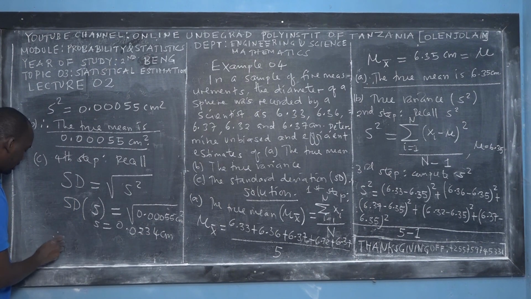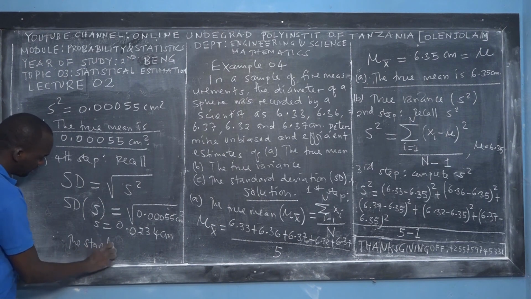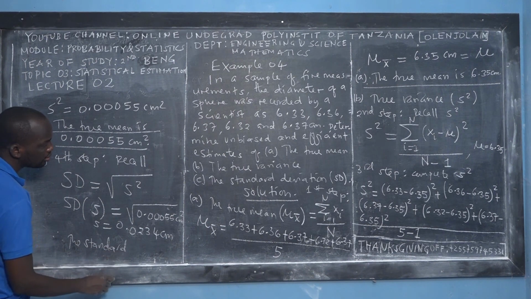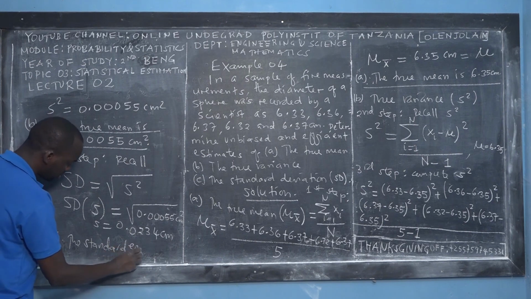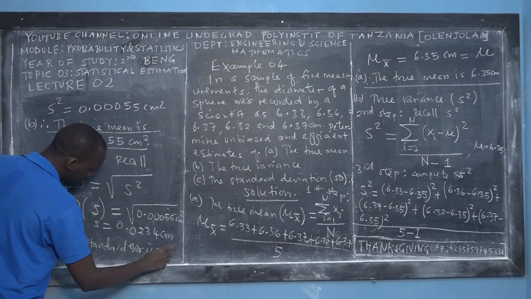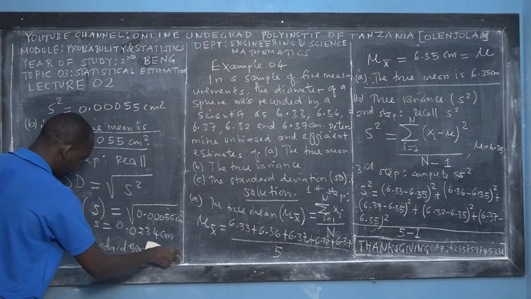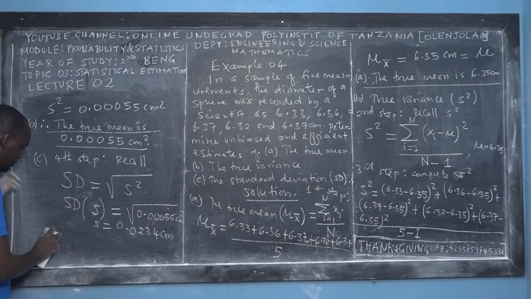So simply say that the standard deviation, or the standard error, is 0.0234. Let me write it clearly.